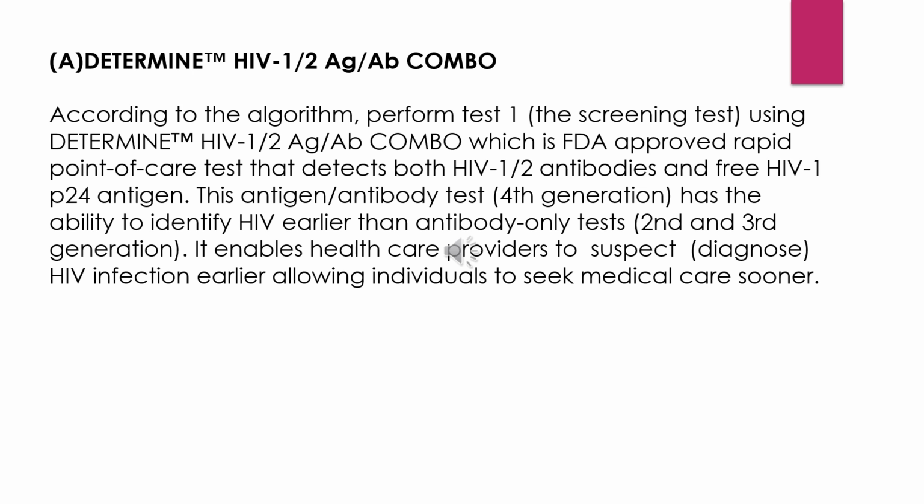It detects both HIV-1 and HIV-2 antibodies, as well as free HIV-1 p24 antigen. This antigen antibody test is also known as a fourth generation test, and it has the ability to identify HIV earlier than antibody-only tests, like the second and third generation tests. It enables healthcare providers to suspect or make an early diagnosis of HIV infection, but that has to be confirmed by 2 additional tests.